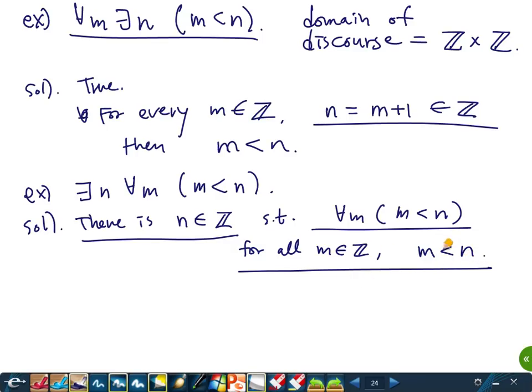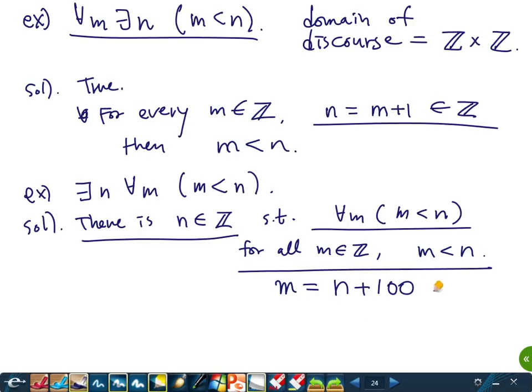Why is this false? If this is false, that means you can find a counterexample to this. What is a counterexample for a given integer n? It can be anything. We can find many counterexamples. Just one is enough.